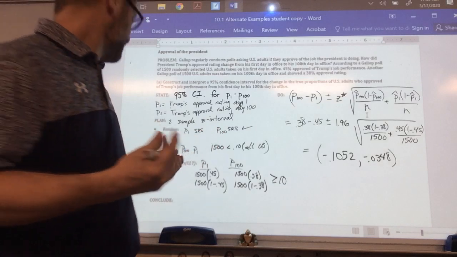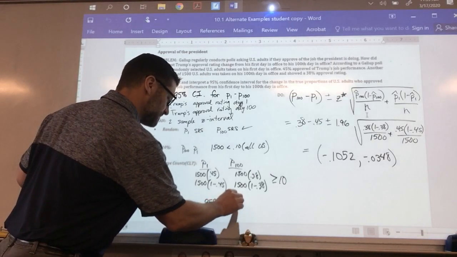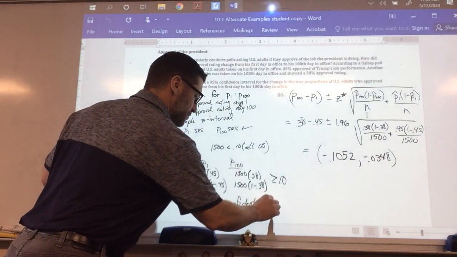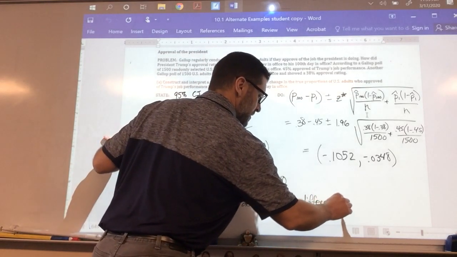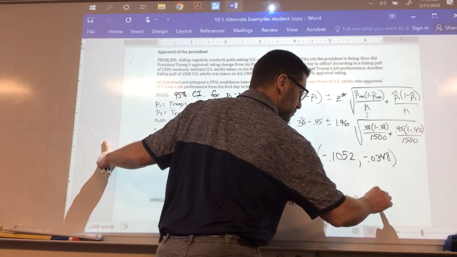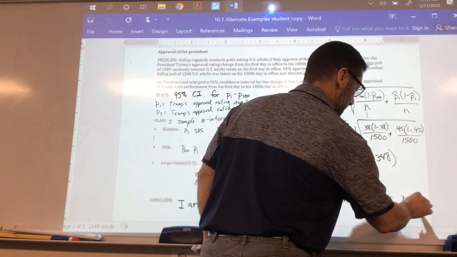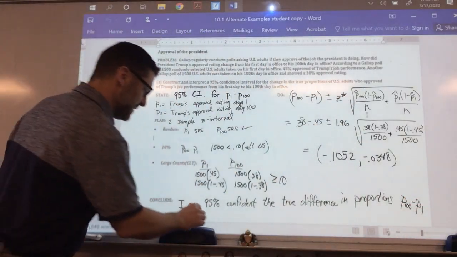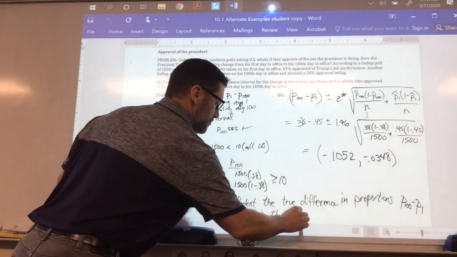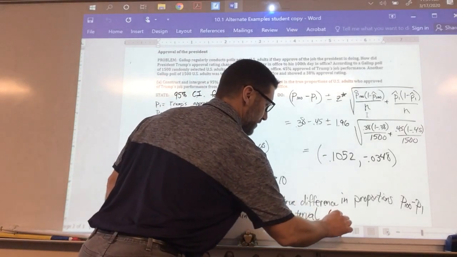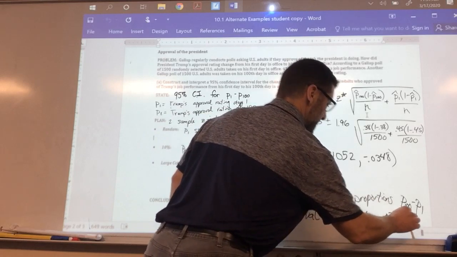So I'm going to conclude: I am 95% confident the true difference in proportions, I wanted P100 minus P1, is contained in the interval from negative 0.1052 to negative 0.0348.